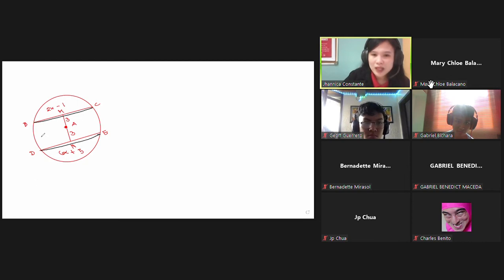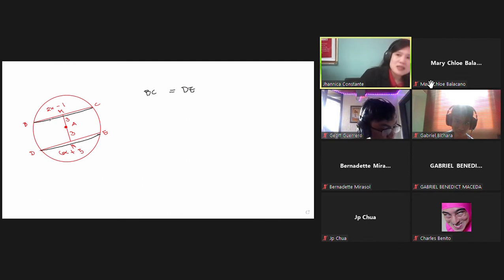To find the exact measurement of our two chords, since they are equidistant, that means the measurement of chord BC is equal to the measurement of our chord DE. So BC is equal to 2x minus 1, the same measurement as our chord DE, which has a measurement of 6x plus 5.